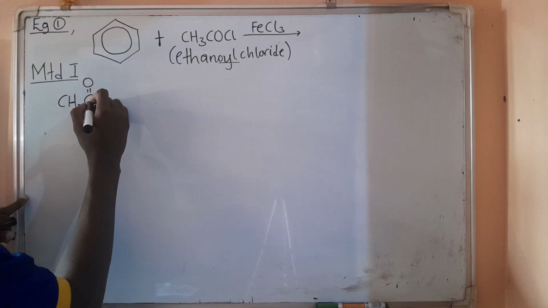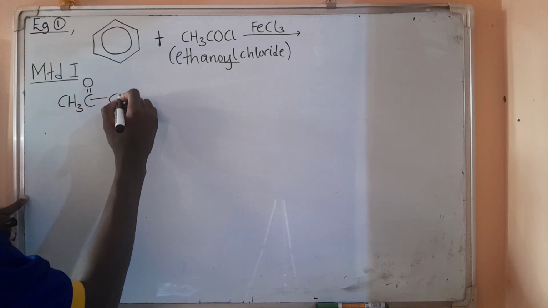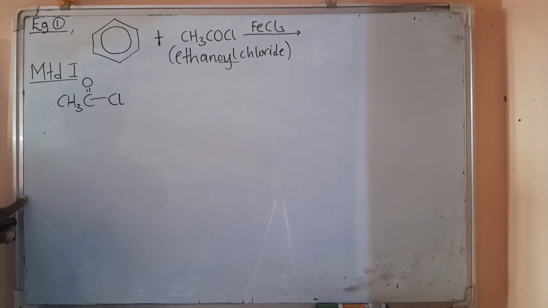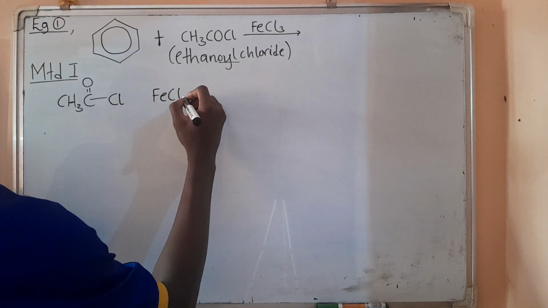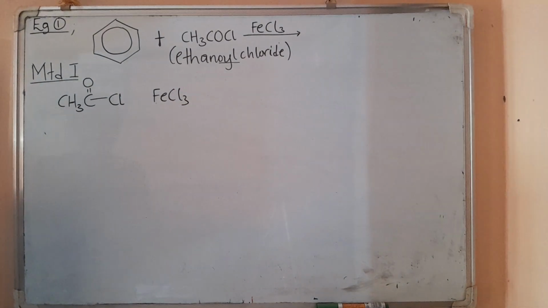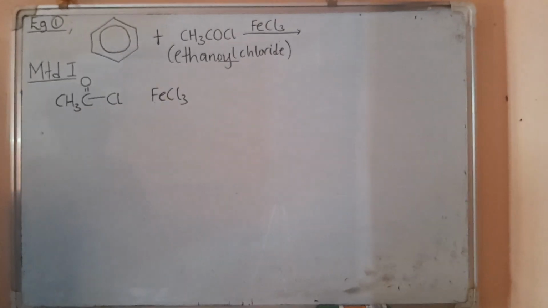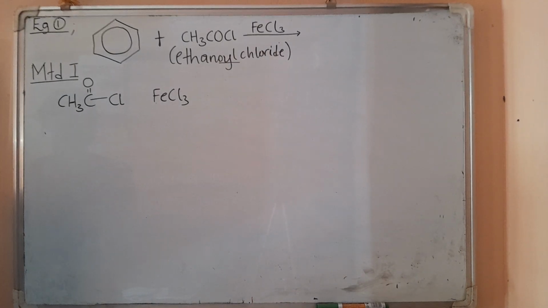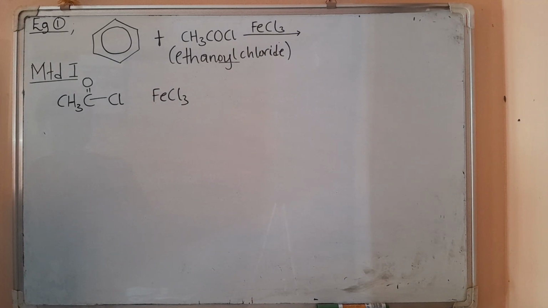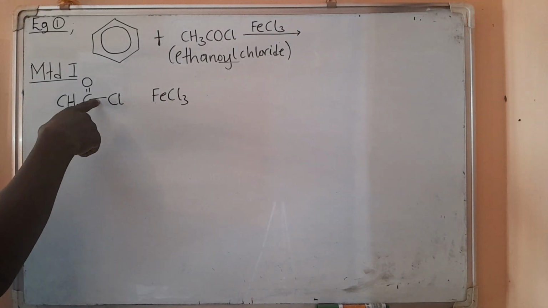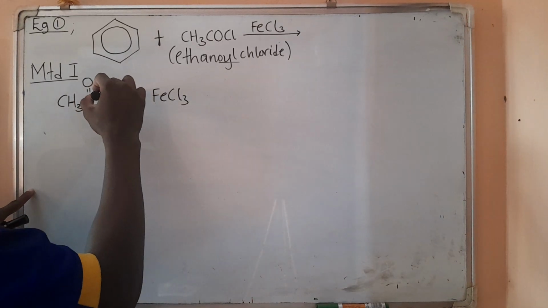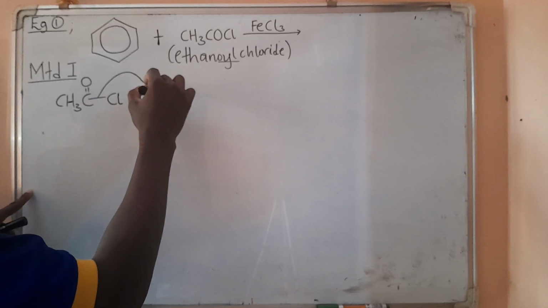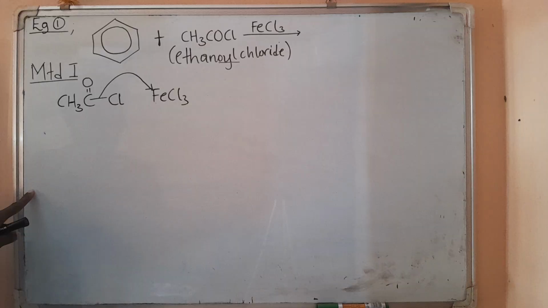Then this carbon also bonds with the chlorine, like that. Then iron 3 chloride, FeCl3. I have told you that iron is electron deficient, since it has vacant orbitals. So this is a polar bond, and chlorine can take electrons, then donate them to that central metal atom in iron 3 chloride, like that.